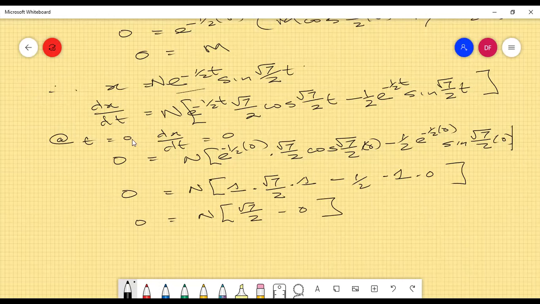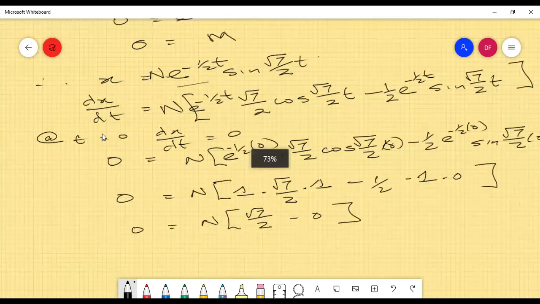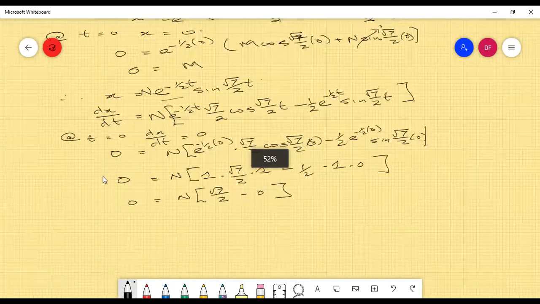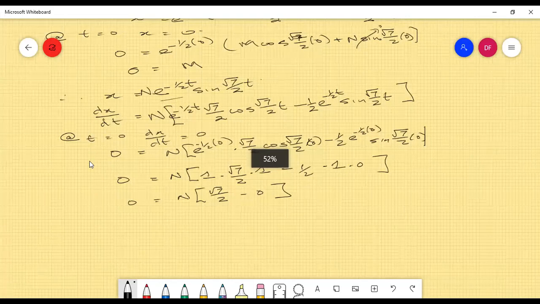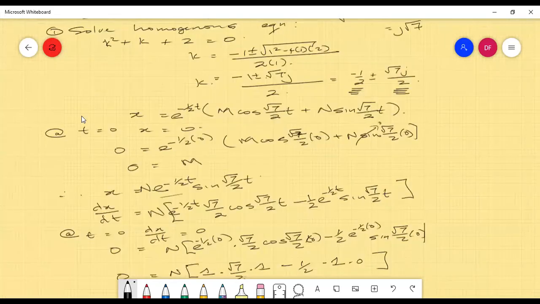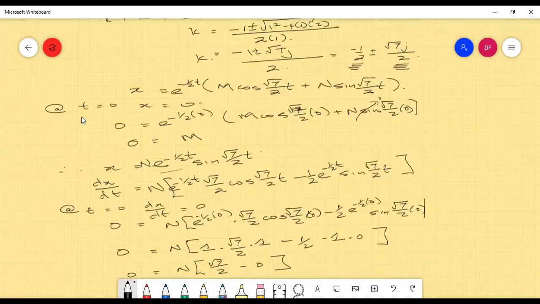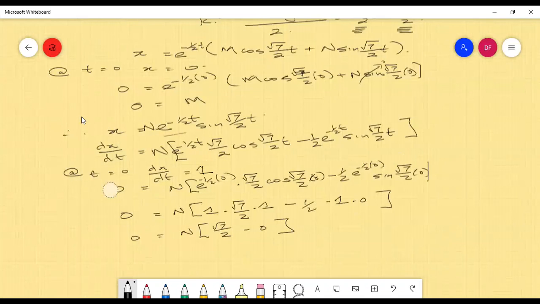I'm going to just let dx by dt be such that it is moving at a speed of 1, so as not to trivialize the solution. Sorry about that. So this is supposed to be 1.